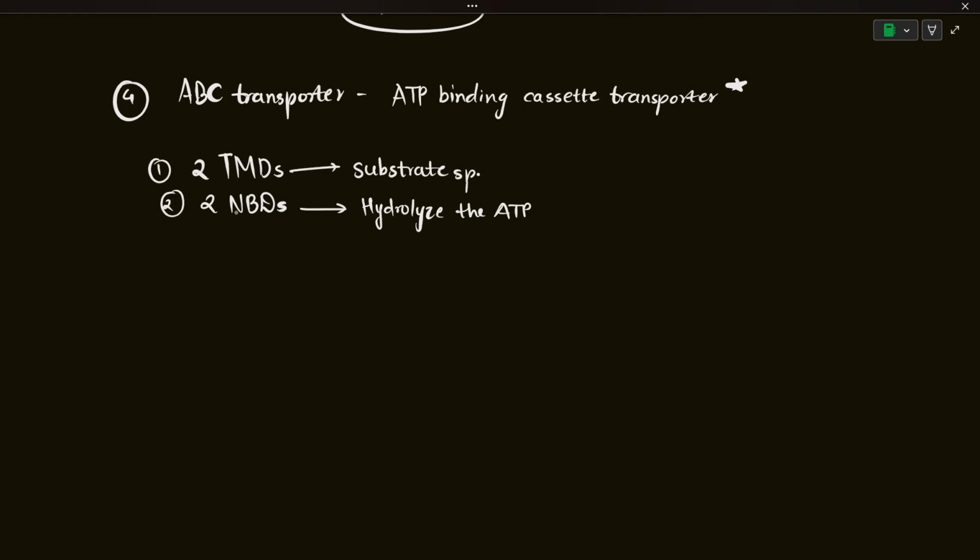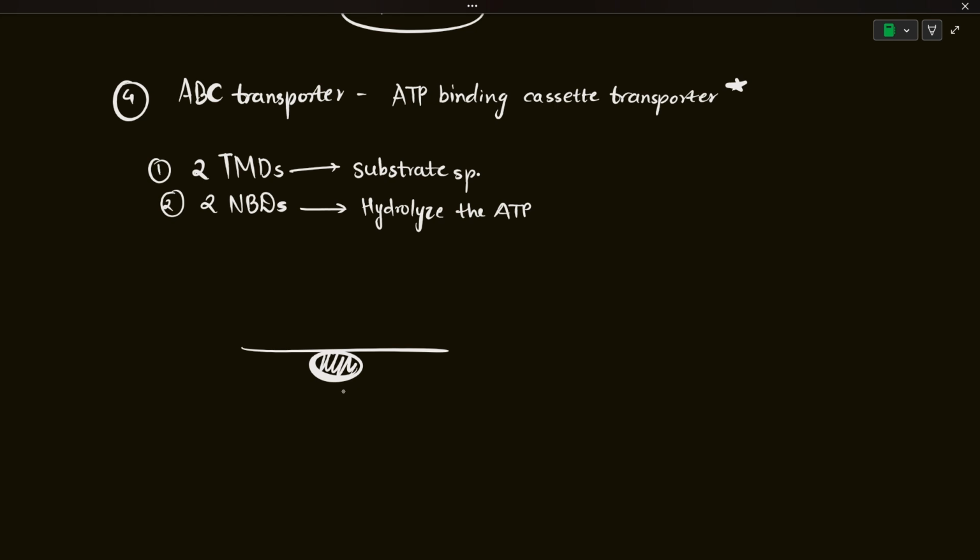What happens is that whenever the substrate binds to the transmembrane domain, that promotes ATP binding to the nucleotide binding domain. Once ATP binds, the nucleotide binding domains will dimerize. After the dimerization, a conformational change is seen in the transmembrane domain.